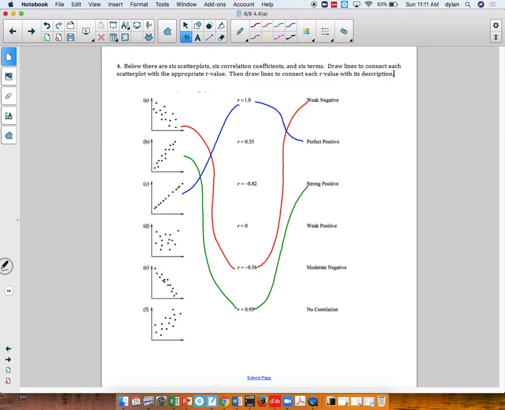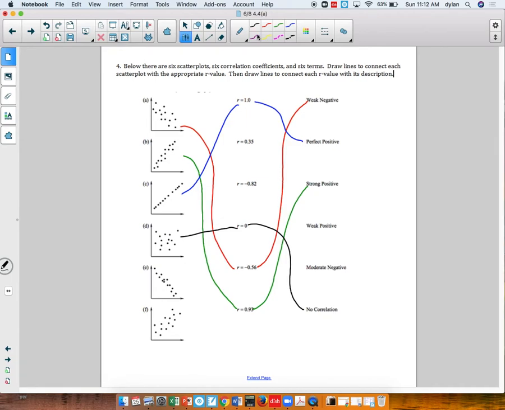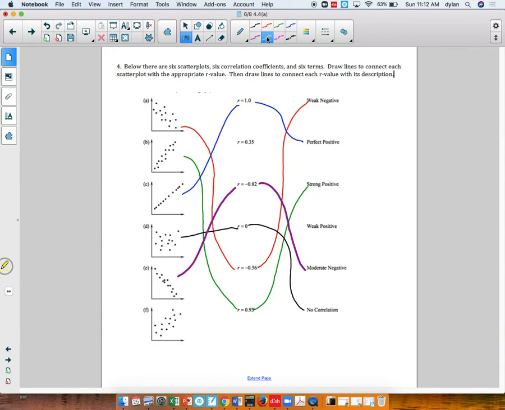D has no correlation at all, so that would connect to R equals 0 and no correlation. And then E has a negative and good correlation, so I would connect that to R equals -0.82 and moderate negative. And then finally, I've got this one that's positive but fairly poorly scattered. So I would connect that to 0.35 and I would connect that to weak positive.